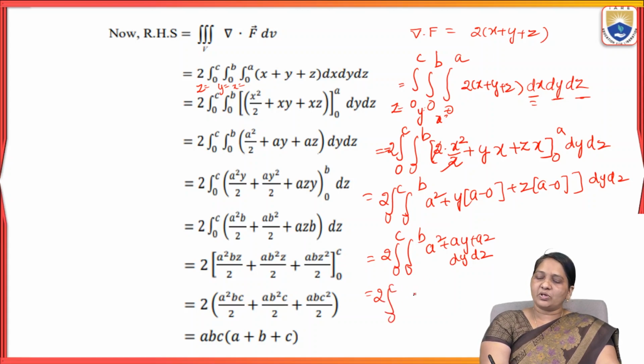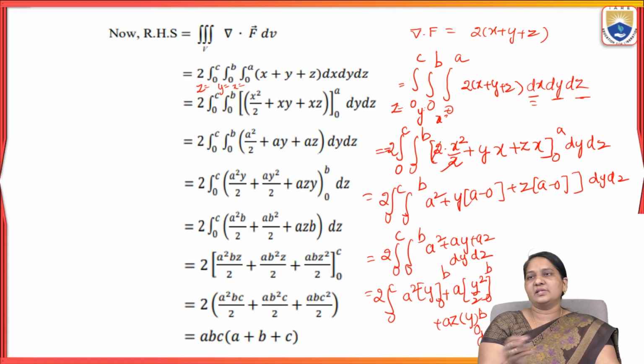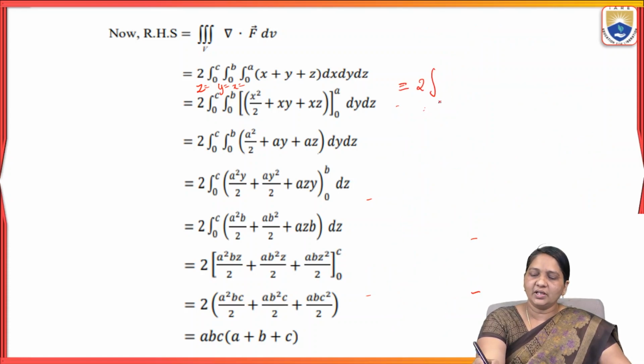Now with respect to y: a square, integral dy is y, plus a into integral y is y square by 2, plus a z, constant, integral dy is y.